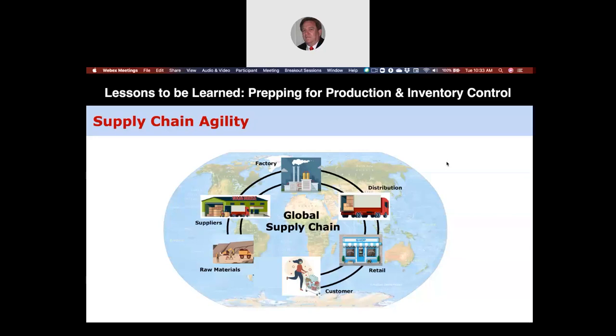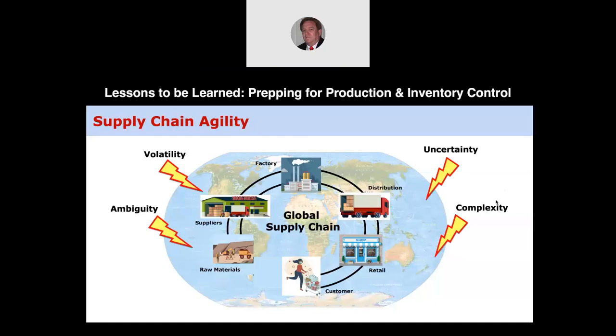So last time we talked about VUCA: volatility, uncertainty, complexity, and ambiguity, and how it affects the global supply chain.